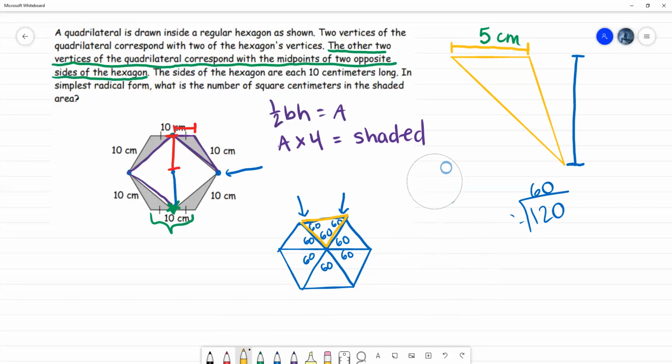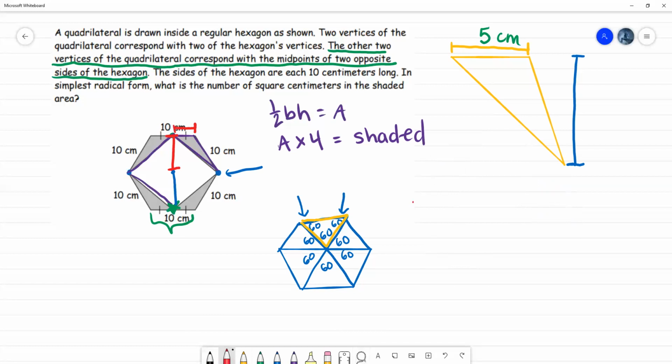So because we know that it's an equilateral triangle, all of the measures have to be equal.